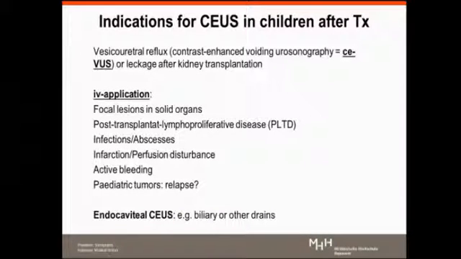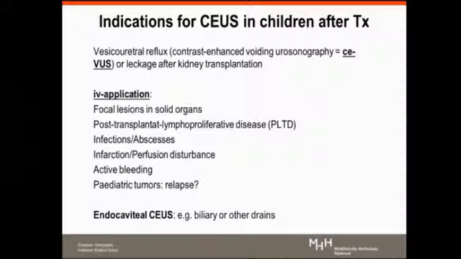So what are the indications for contrast in children after transplantation? First of all, the most used indication is vesico-ureteral reflux, using contrast-enhanced voiding urosonography. You can do this after kidney transplantation, especially if you want to see a leakage of the ureter.